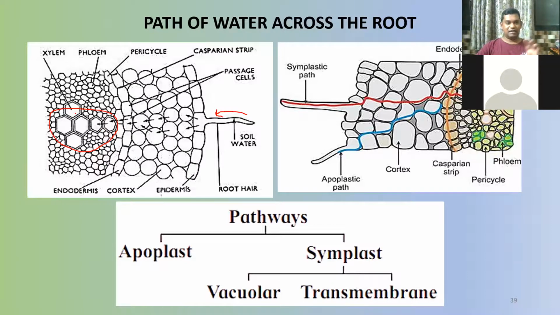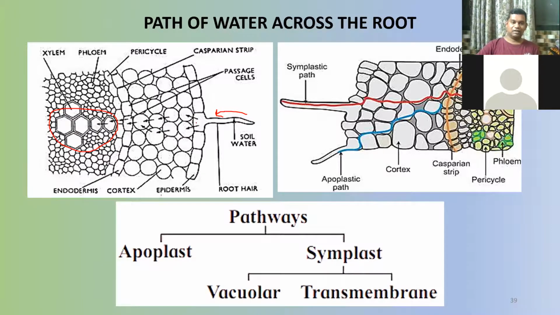Look at the arrangement. You can see hexagonal cells over here, and only one of the cells is in contact with a few cells of the pericycle and endodermis. Soil water comes here either via apoplast or symplast.